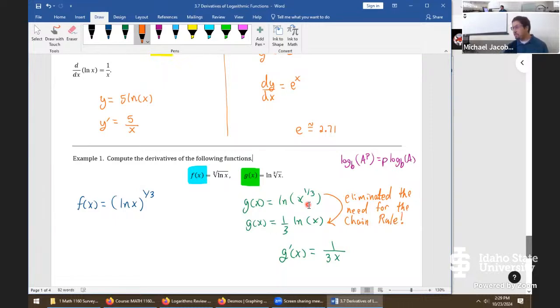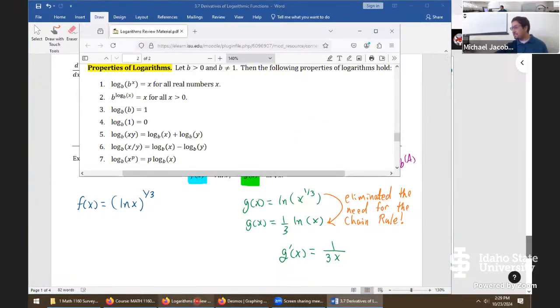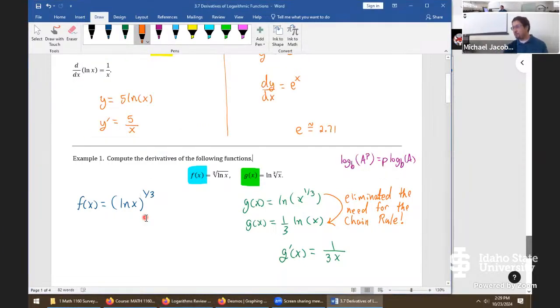In this section, some of these derivatives might feel like they're actually really, really hard, that you need some extra help, that the homework assignment is totally unfair. That's not actually the case. The derivatives are easy as long as we're using properties of logarithms and thinking about them all of the time. We have to simplify a bit before we get started. However, you can't always use properties of logarithms.